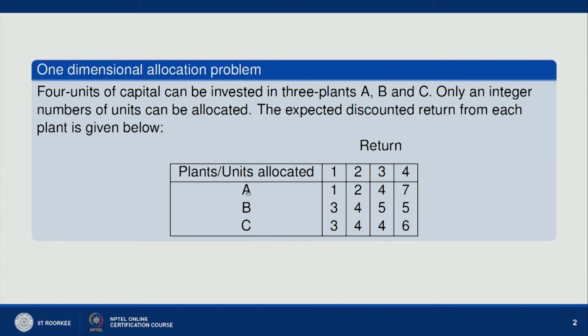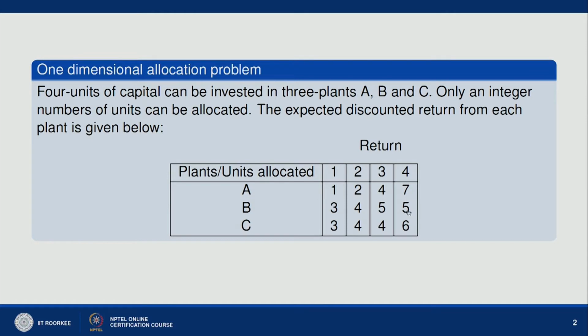If in plant A 2 units are allocated, the return is 2 units. If 3 units of capital are invested in plant A, the return is 4 units. Similarly, if all 4 units of capital are invested in plant C only, then from this table 6 units of return are obtained.